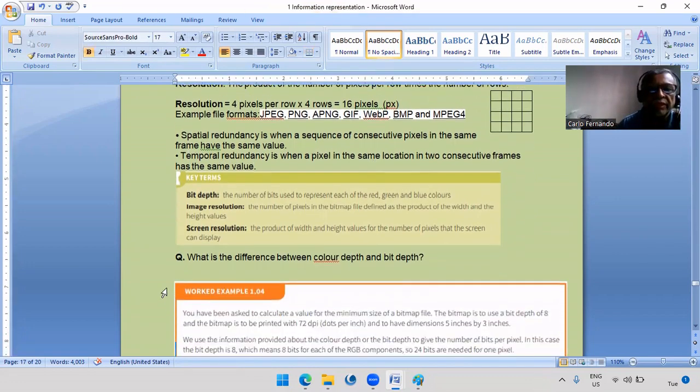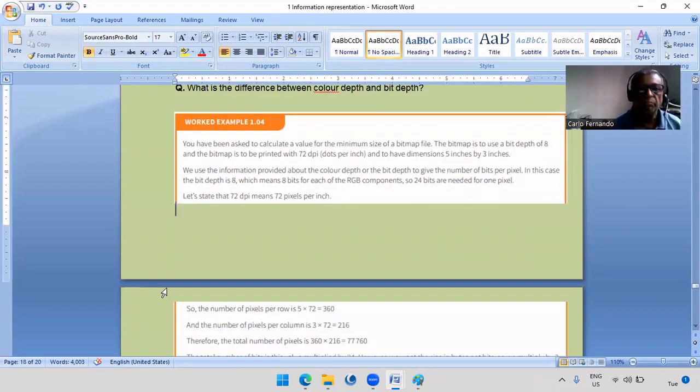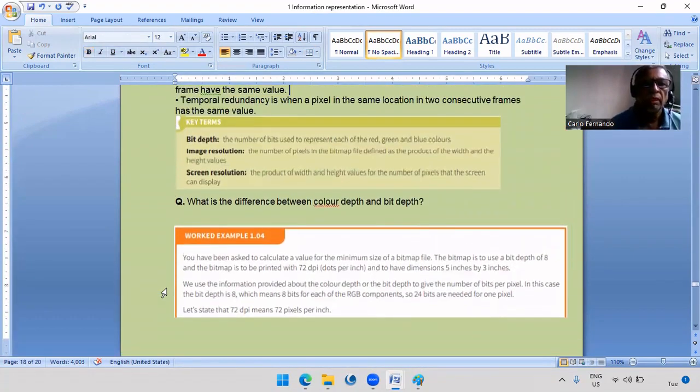And again, the definitions. Bit depth: the number of bits used to represent each of the red, green, and blue colors. Image resolution: the number of pixels in the bitmap, defined as the product of the width and the height values. Screen resolution: the product of width and height values for the number of pixels that the screen can display.